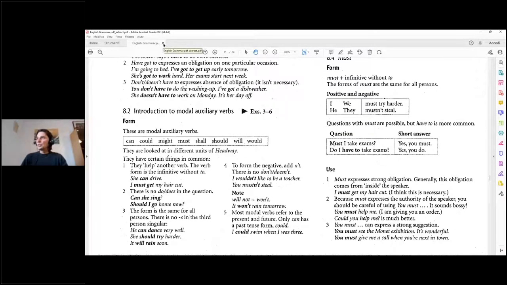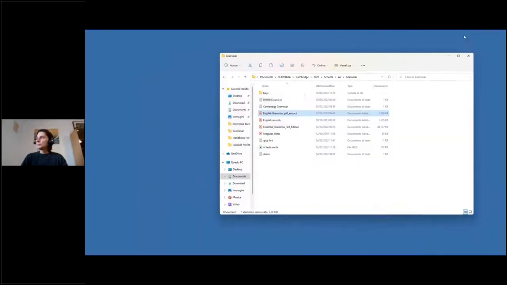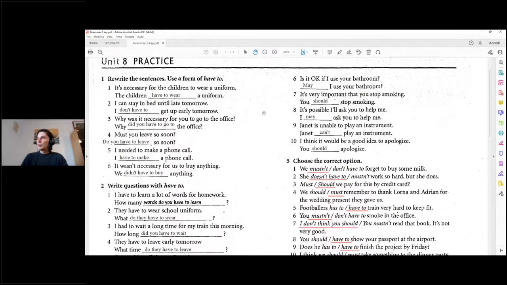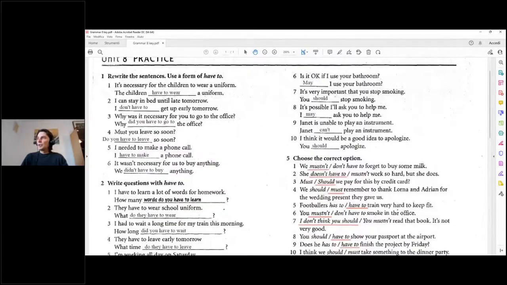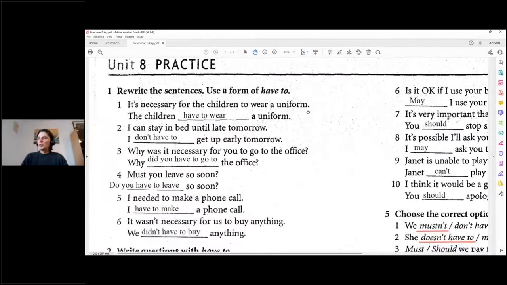So I would like to look at those exercises before we get started with our test session. I also gave you the grammar key in our WhatsApp group, but here it is. So let's make this bigger a little bit.